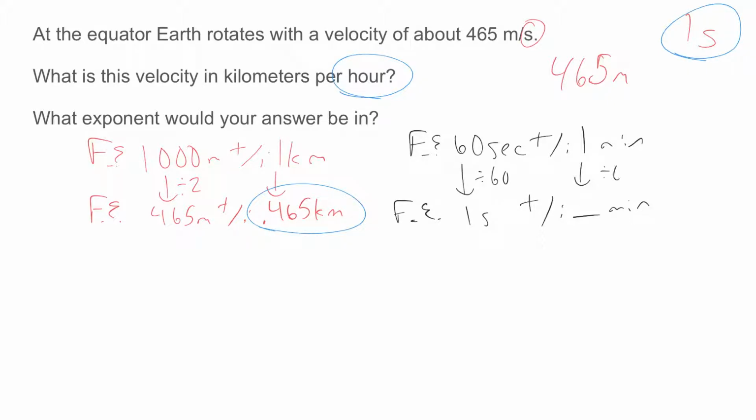And 1 divided by 60 is 1/6, and it's 1/10 of that. So 1/6 is a half of 1/3. So 1/3 we know is 0.33. So half of that is about 0.16 or 7. And then a tenth of that would be 0.016. So this is 0.016 minutes.